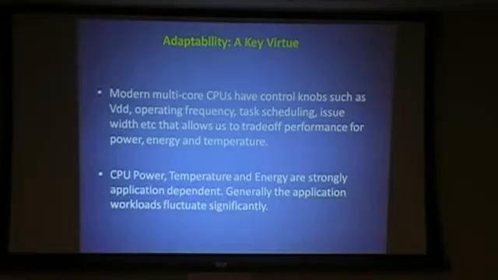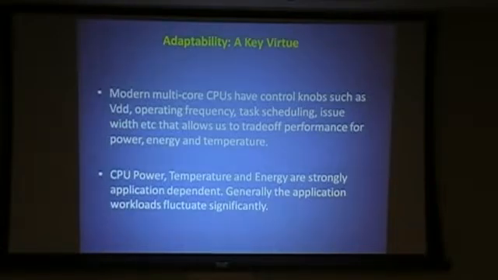Modern multi-core CPUs have several control knobs, such as supply voltage, operating frequency of cores, and task scheduling. You have a bunch of tasks and 3 or 4 cores that can process those tasks, so which task should you schedule on which processor? If you do research in computer architecture, you know what that is.